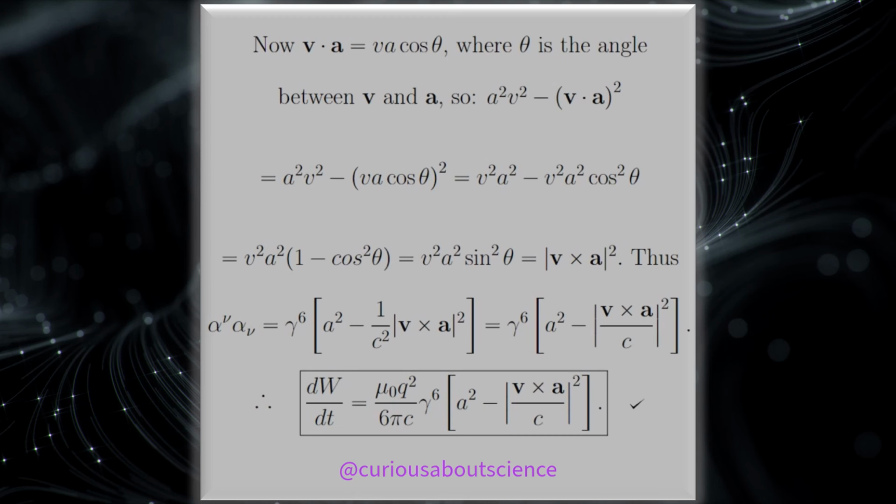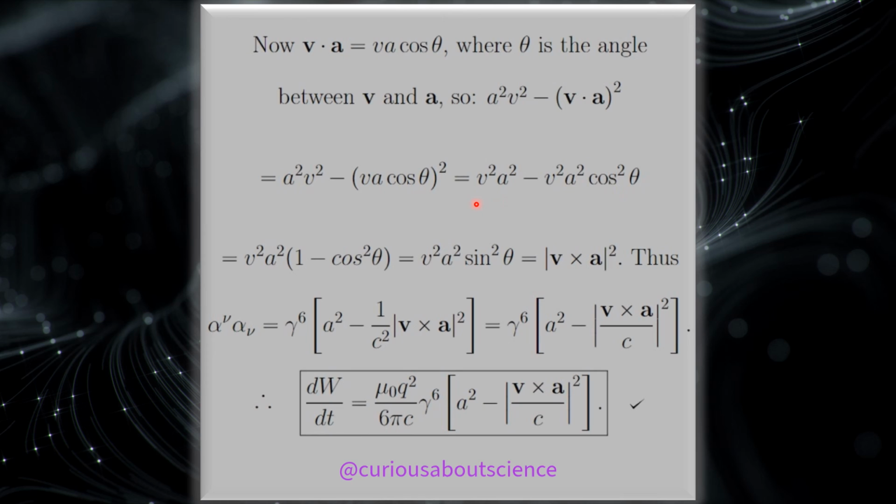No biggie, we've seen this before. So what we're trying to say is that a squared v squared minus v dot a squared, well, let's plug in the definition of the dot product. So a squared v squared minus, plug it in, square everything, we get a v squared a squared cosine squared theta, because we can change the order there.